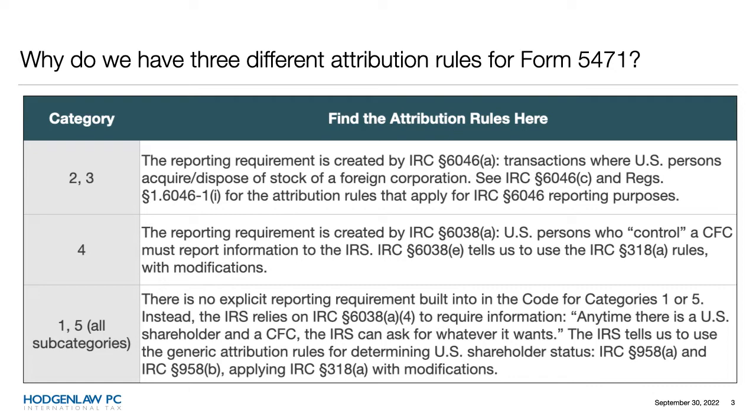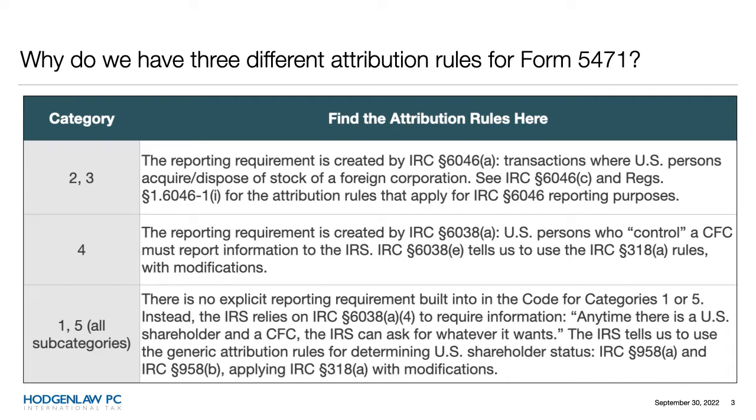Category 1 is our friend since the end of 2017 when Section 965 came into play. Section 965 talks all about how to calculate the tax, the transition tax that came in at that point, but it doesn't say anything about reporting requirements. Similarly, there's nothing in the code that you can directly attribute the Category 5 reporting requirements to.